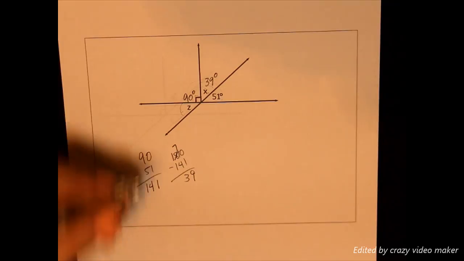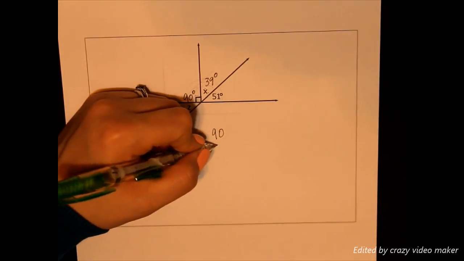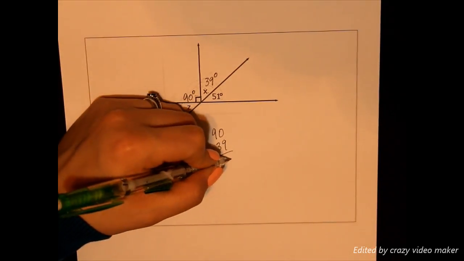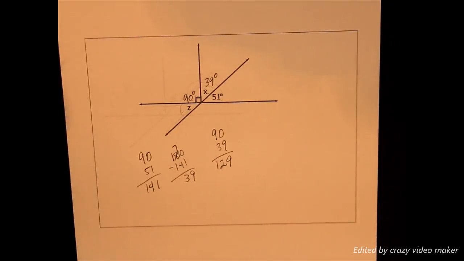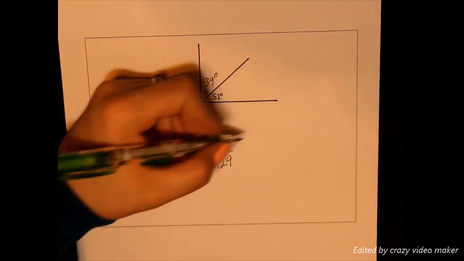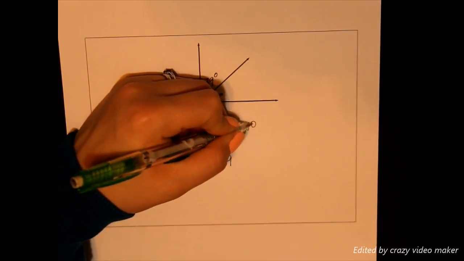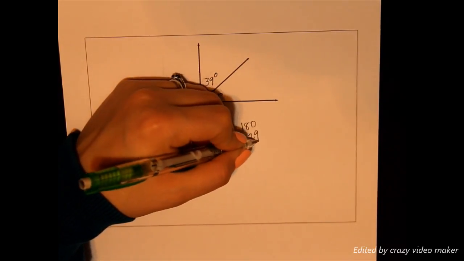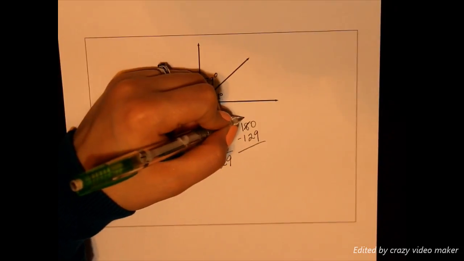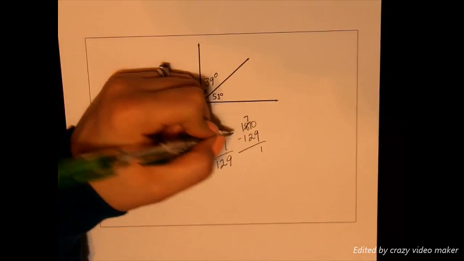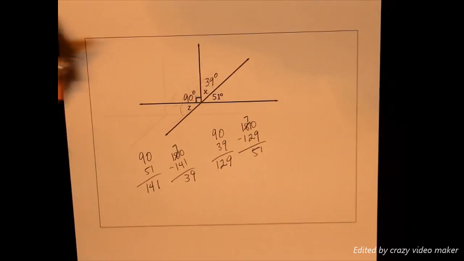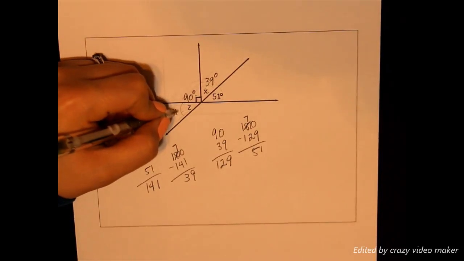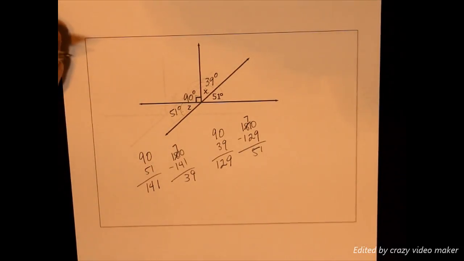Now we can figure out what z is. 90 plus 39, I'm going to add that together. That's 129. Now we'll subtract off that 129 from 180. And we can see that z is 51 degrees.